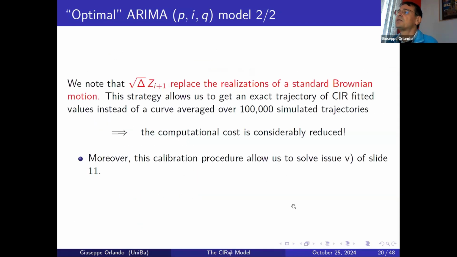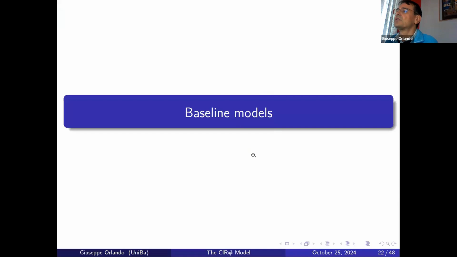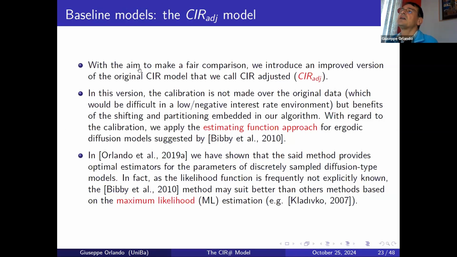You can find those equations in the reference, as well as in the presentation that I mentioned before, and that I sent to the organizers. And then, let's have a look at the baseline models that I already mentioned. The CIR adjusted model is just the same CIR model with some shift, and these shifts were proposed also by others in the literature.